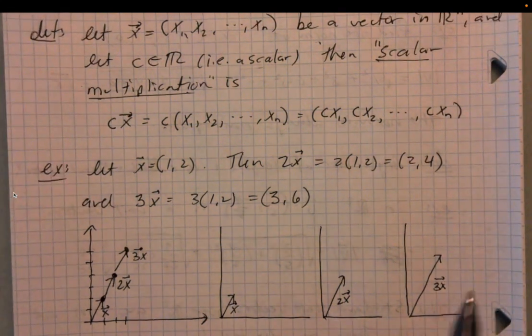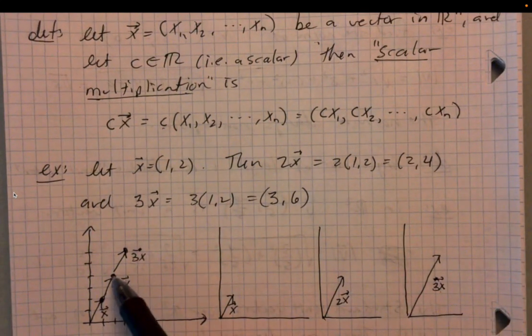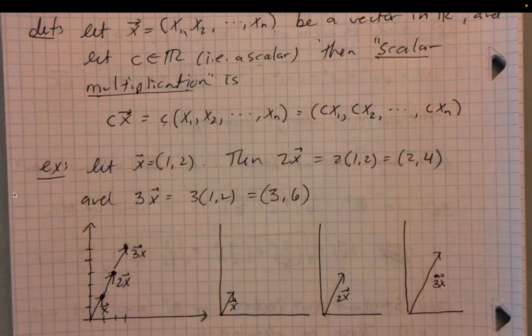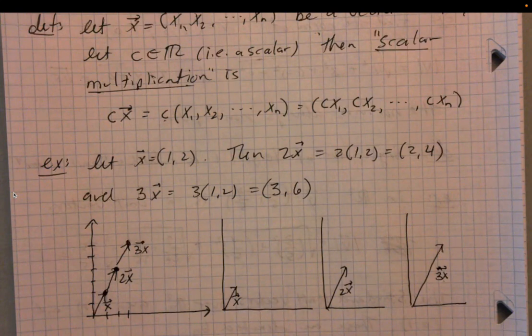But we are not talking about the points. We're talking about the directed line segment that starts at the origin and ends at some point, in this case 3, 6, 2, 4, and 1, 2.